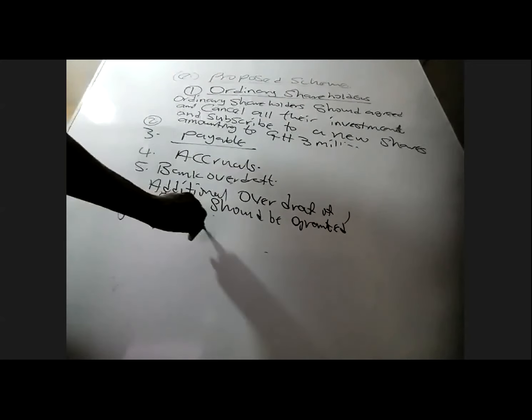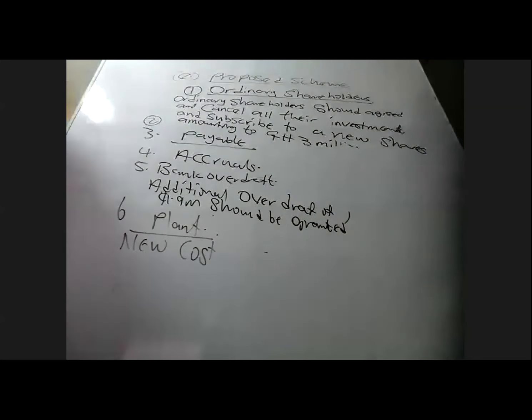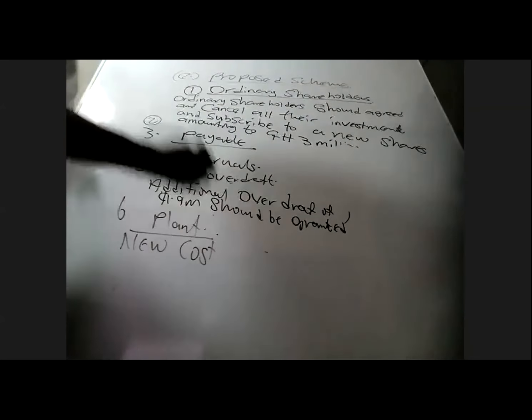So the 6th one will be investment in new assets. So plant. New plant costing what?